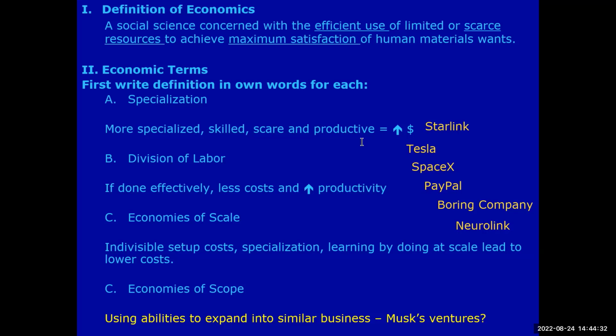Like I said, starting a car company, good luck competing against Ford. He's just said, I'm going to do it, right? A lot of these, one thing he's had in common is there has been government seed money to help him out. That's another thing he doesn't talk about much. But this is an example of economies of scope, right? You're good at one thing, solving a technical problem, and then you have the confidence that you can do another big thing to solve a technical problem.